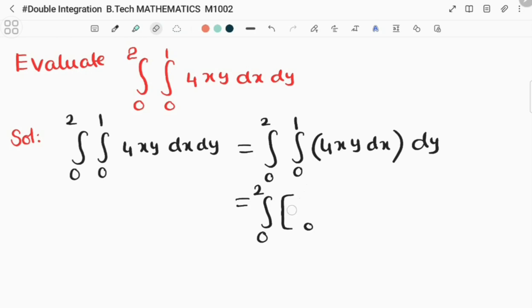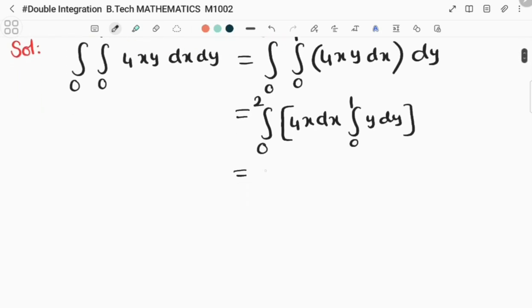For 4x dx we can take out integral 0 to 1 y dy, which is equal to integral 0 to 2 4x dx. Integral y dy means y square by 2, applying the limit 0 to 1. I think you got it.